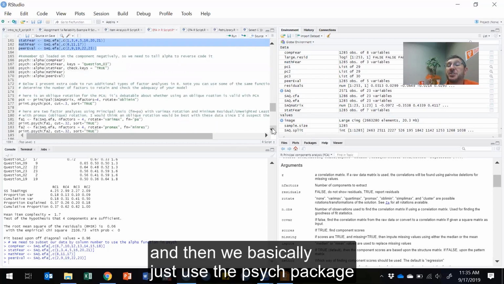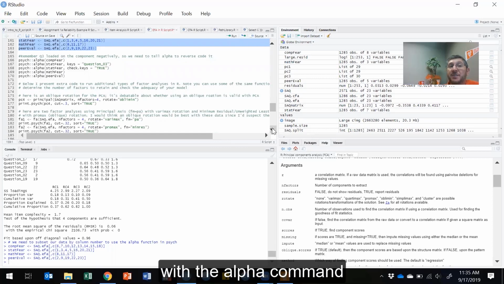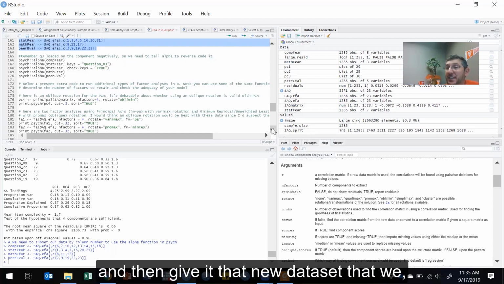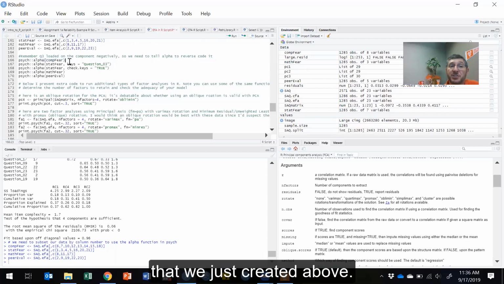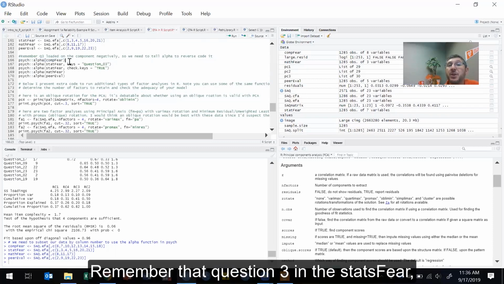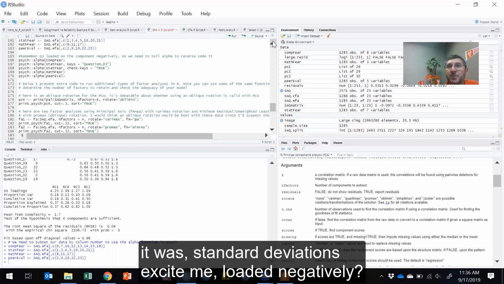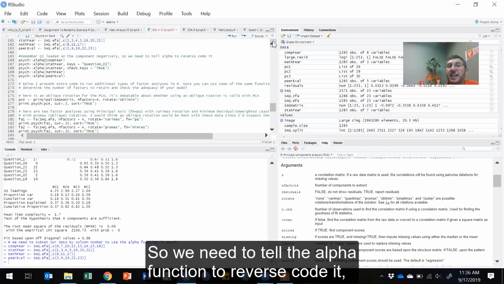And then we basically just use the psych package with the alpha command and then give it that new data set that we just created above. Remember that question 3 in the stat sphere, that it was standard deviations excite me, loaded negatively. So we need to tell the alpha function to reverse code it.